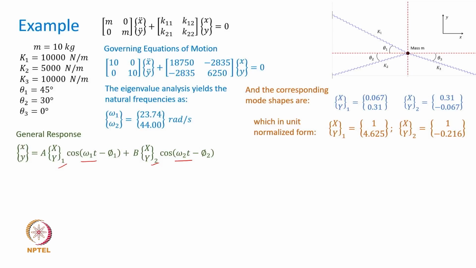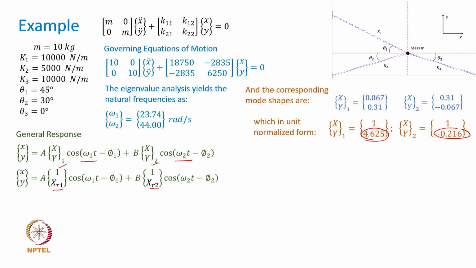There is another way to write this, which we also discussed, in this form where the mode shapes are unit normalized, written as xr1 and xr2. This is another alternate way to write it, where a and b are arbitrary constants.